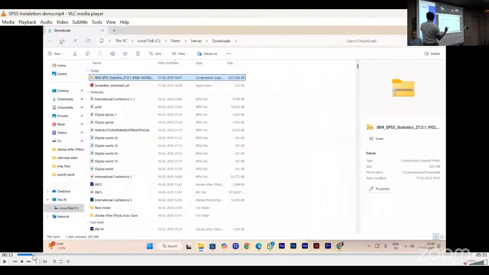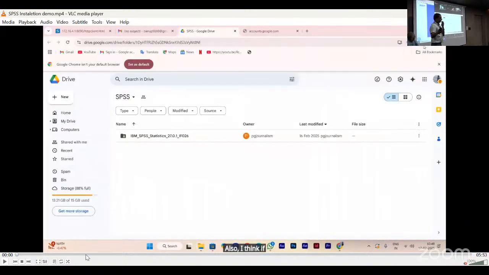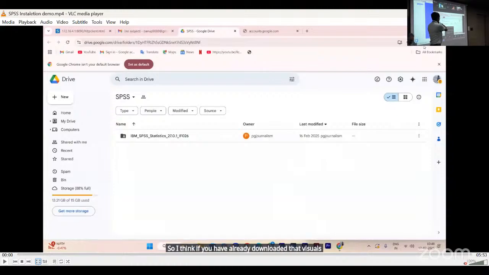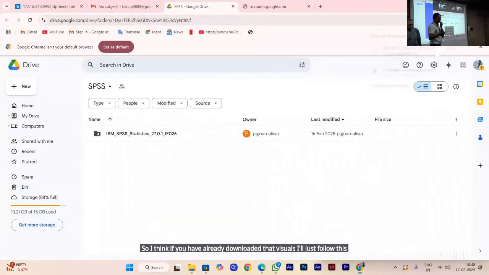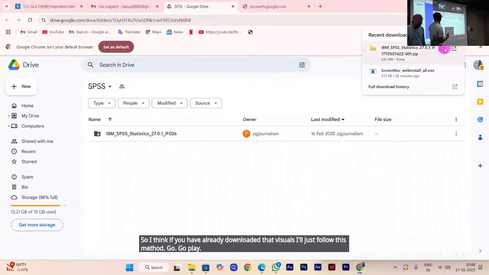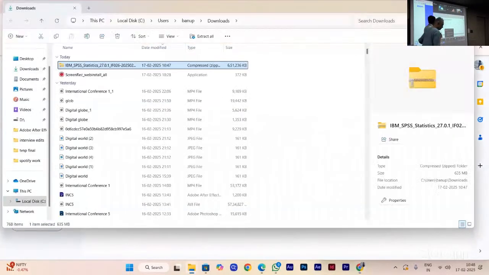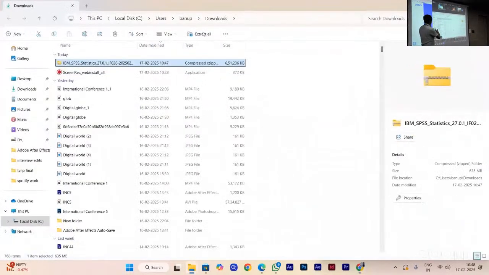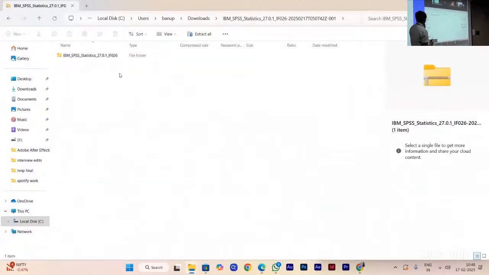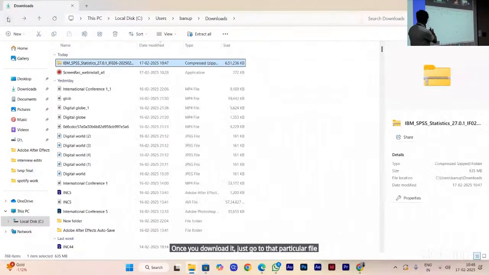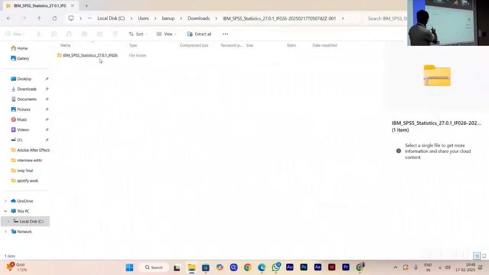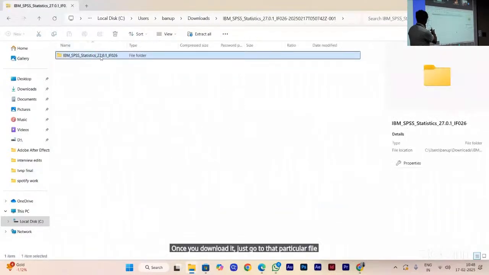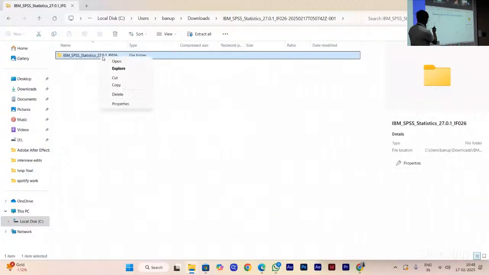Yeah, so if you have already downloaded it, just follow this method. Yeah, go, play. Once you download it, go to that particular file. You will get 3 files in it.